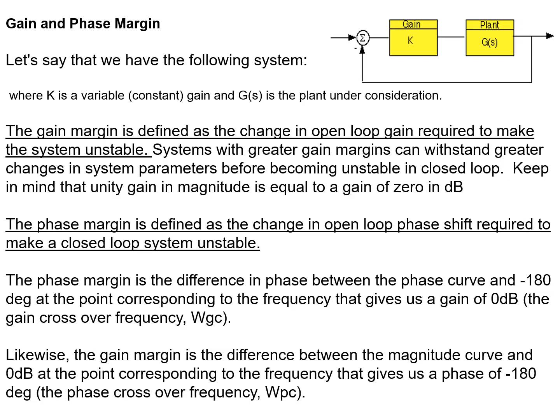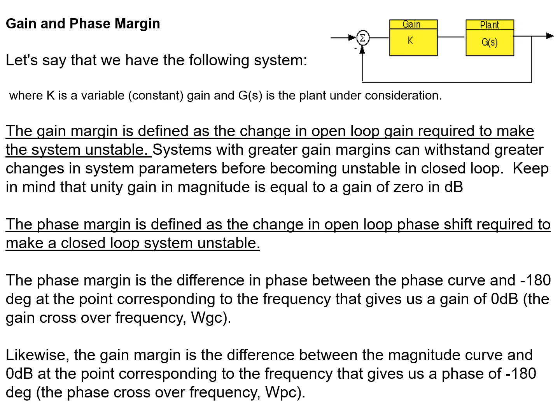The phase margin is the difference in phase between the phase curve and minus 180 degrees at the point corresponding to the frequency that gives us a gain of 0 dB, the gain crossover frequency omega GC.